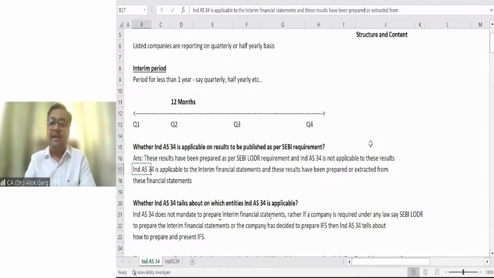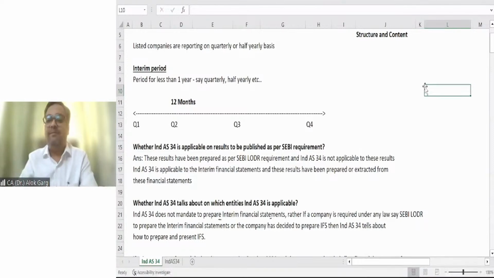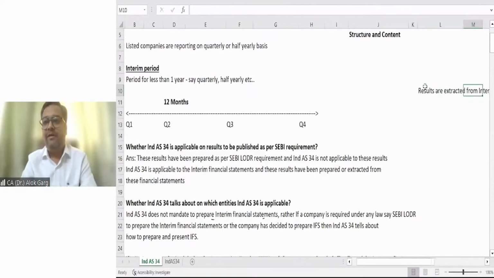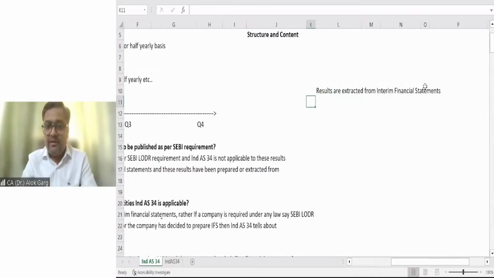And these results have been prepared or extracted from these financial statements. You understand that? So how have these results been prepared? The results are extracted from interim financial statements, right?